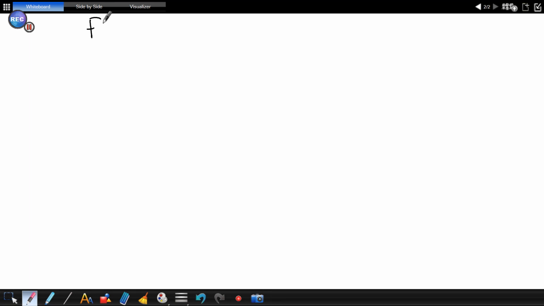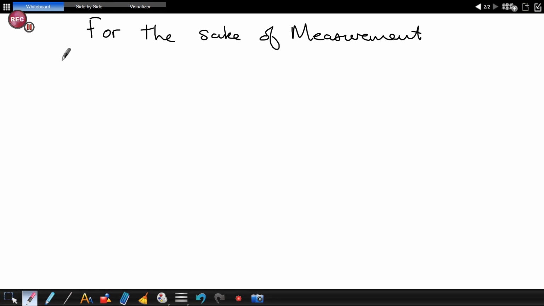So for the sake of measurements, because a voltaic cell gives us a voltage, it gives us an EMF, we have standard conditions.